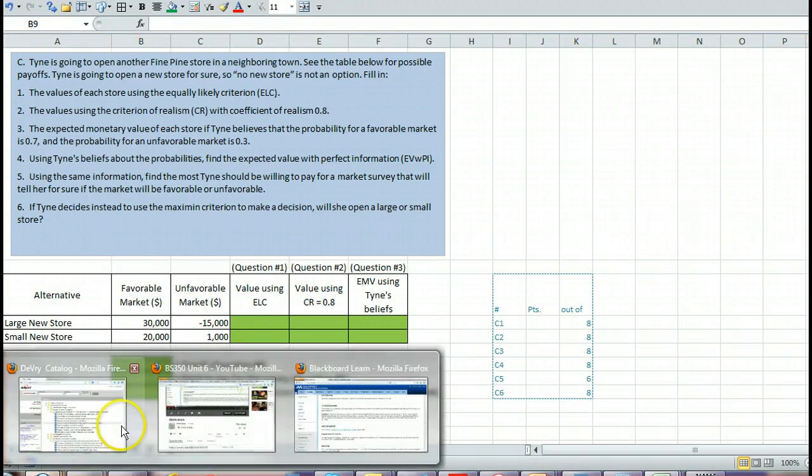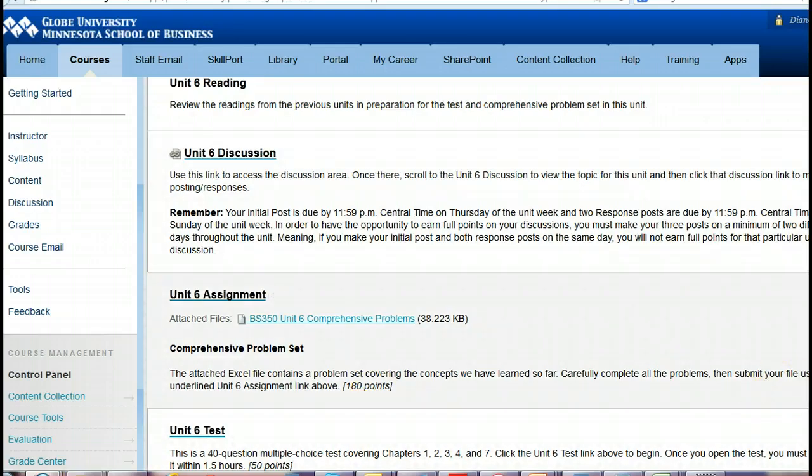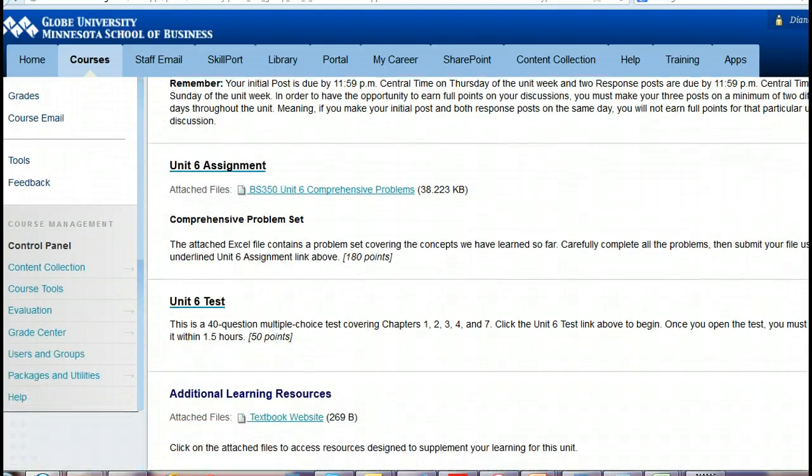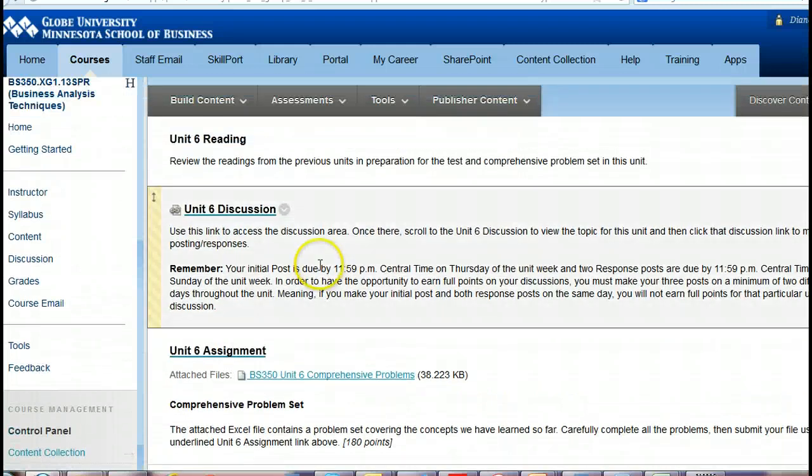Okay, so back to our Unit 6. Unit 6, we also have a test this week. It's a 40-question test that covers the chapters we've learned about so far, which is chapters 1 through 4 and chapter 7. So you've got the 40-question test, and you've got the 6 tabs on the homework spreadsheet and the discussion for this week.